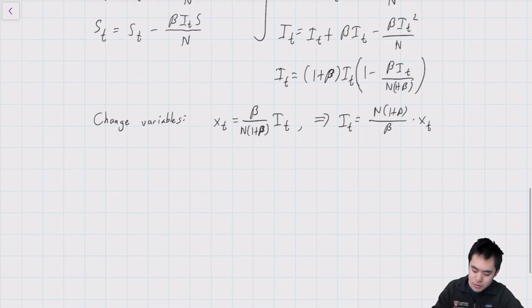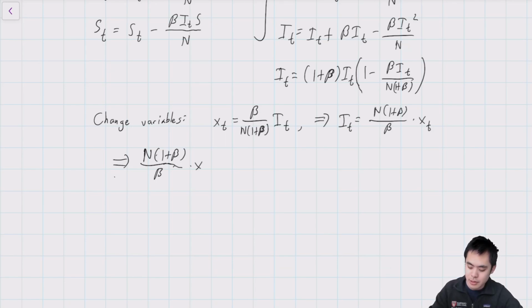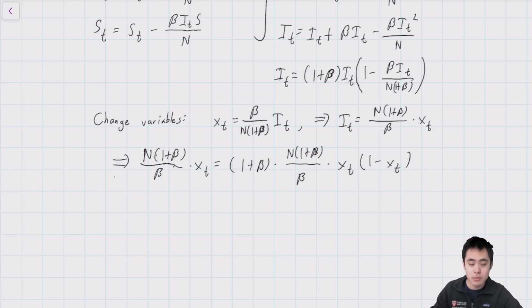And when we do this change of variables, what we get is that N times (1 plus beta) over beta times x_{t+1} is equal to (1 plus beta) times N times (1 plus beta) over beta times x_t times (1 minus x_t). And we can divide out by both sides. And so this implies that x_{t+1} is equal to (1 plus beta) times x_t times (1 minus x_t).